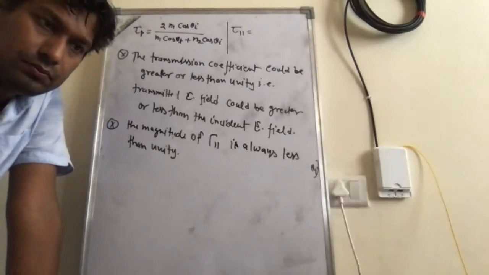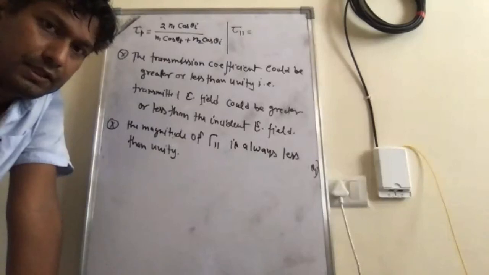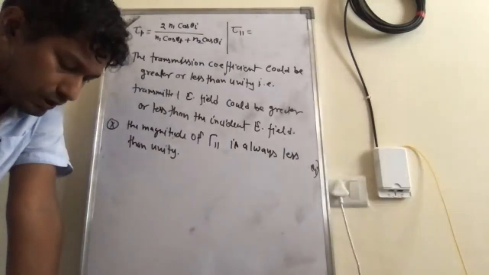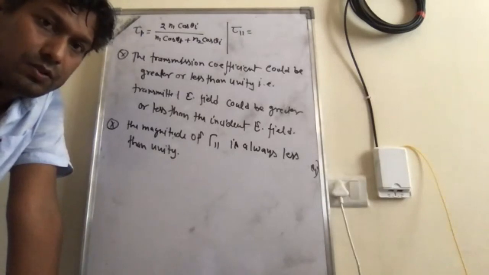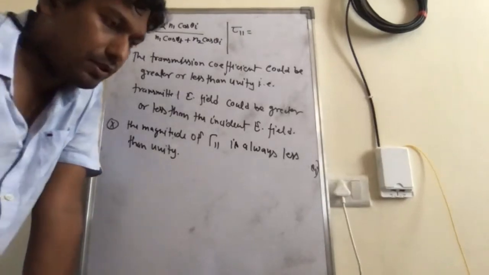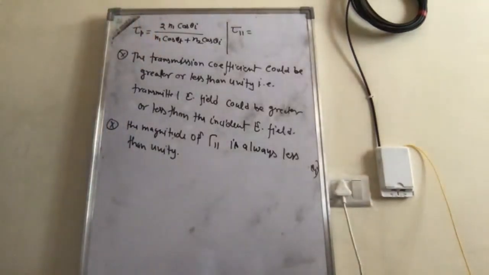Sir, if amplitude increases, then will the energy also increase? Not necessarily, because energy is not directly proportional to the electric field. Energy depends upon the magnetic field also. As we discussed in the last case for the perpendicular polarization, the conservation of power, that is the energy basically. Energy is conserved. Energy could not be greater than the incident wave, either for the reflected or transmitted wave.